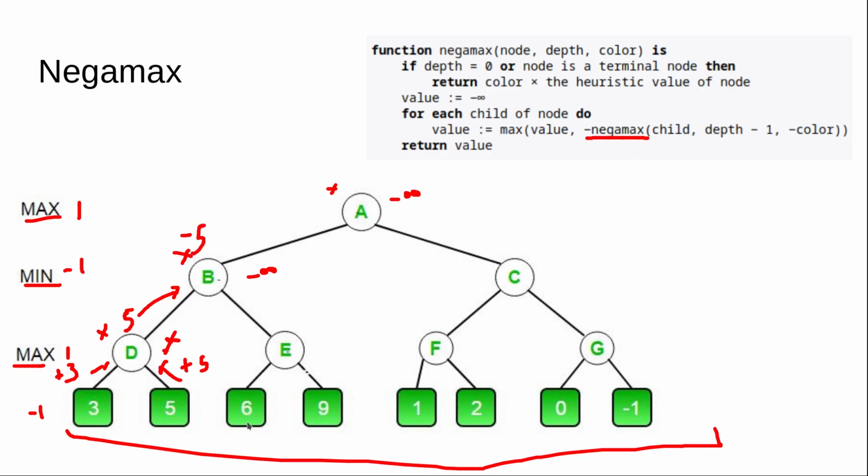And similarly I would run this algorithm over here. So this seems quite obvious. This would come out to be 9, and this would send back a minus 9 over here. So now I have to maximize for minus 5 and minus 9. So minus 5 is the greater one. So this value would be retained, and this value would be passed to the upper node. And this value would become 5 over here.